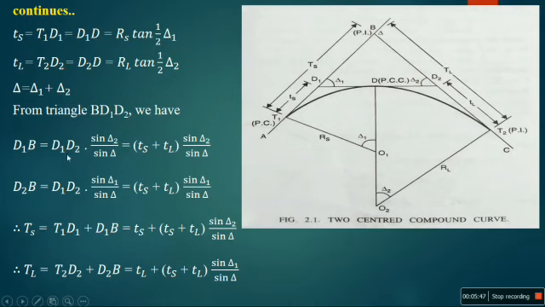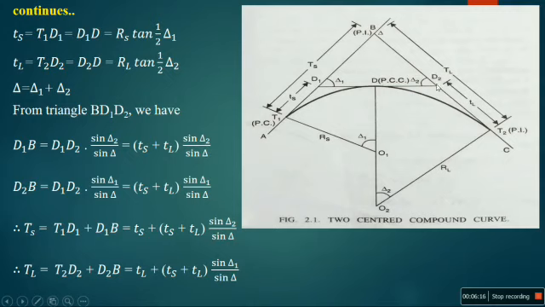Now, applying the sine rule for the triangle B D1 D2, D1 B is equal to D1 D2 into sine of delta 2 divided by sine delta, and D1 D2 is ts plus tl. So D1 B equals (ts plus tl) multiplied by sine delta 2 divided by sine delta.